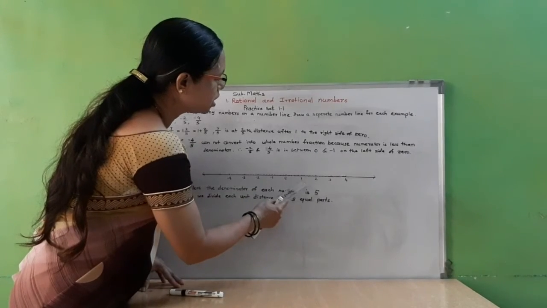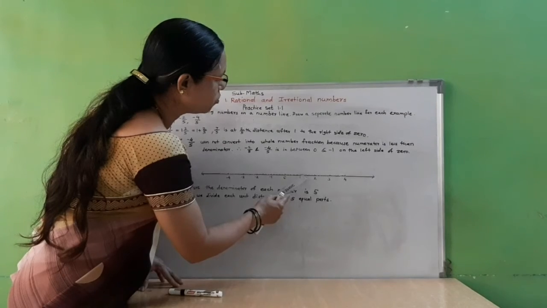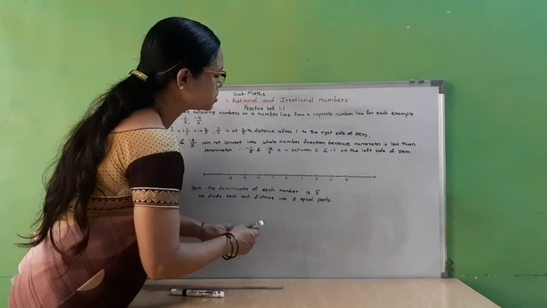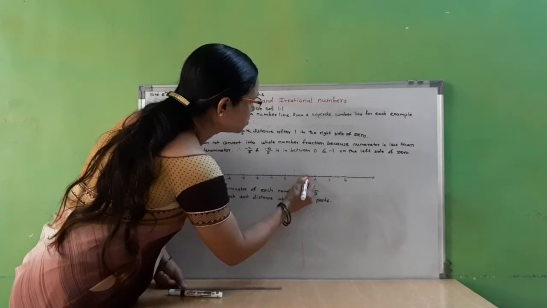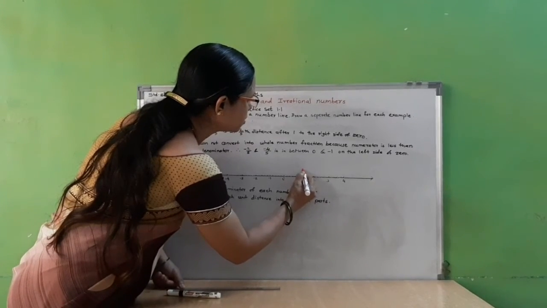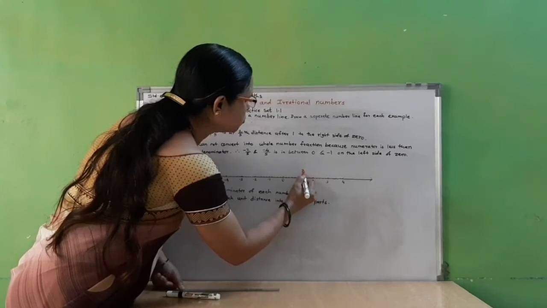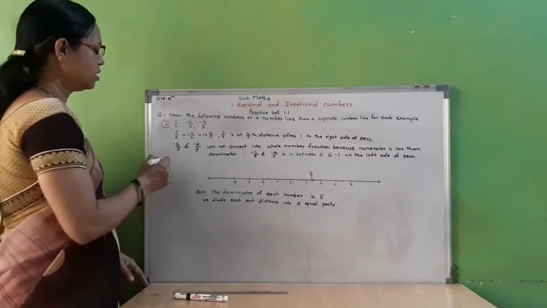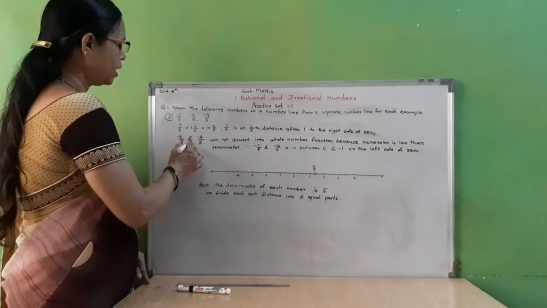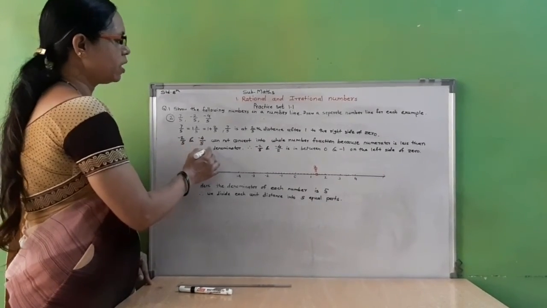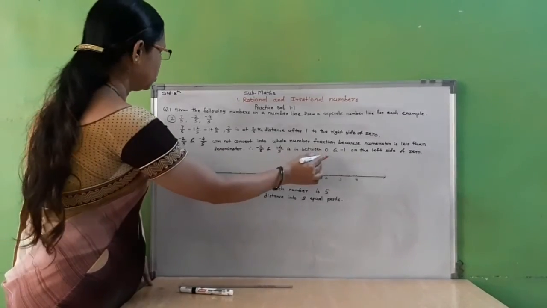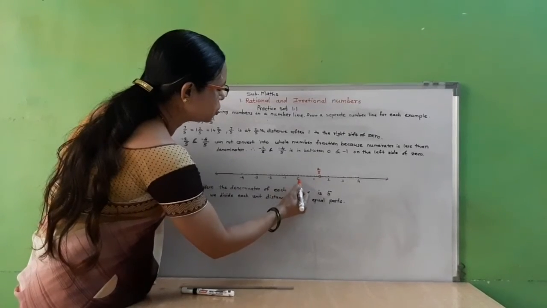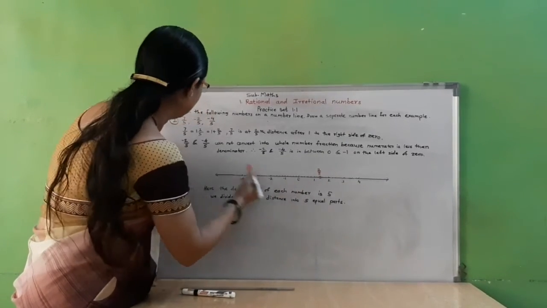Here is 1, after 1 and 2, here is 2 distance. So here 2 by 5. Then minus 2 by 5 and minus 4 by 5 is in between 0 and minus 1. Here 0, here minus 1.